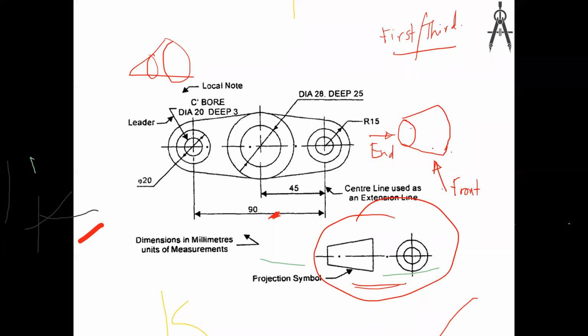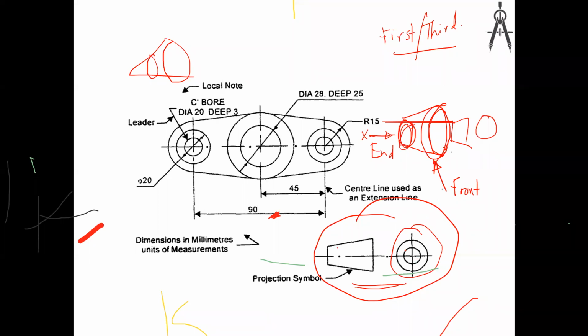So if you draw with the first angle projection, your direction is here X and your end view will be here. Your front view will be here. If you draw this end view, you will get this small circle and this big circle, and your front view.